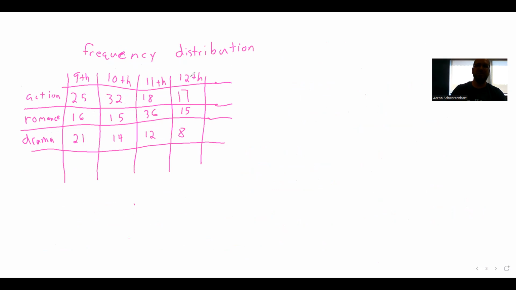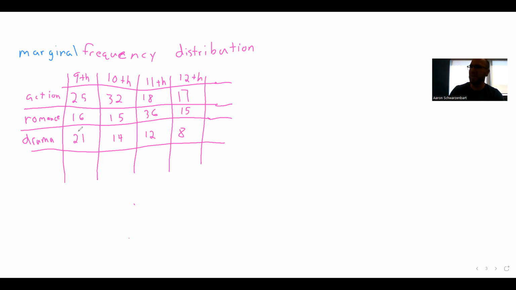Okay, we're going to now talk about frequency distributions. So here we have a frequency distribution between action, romance, and drama for favorite type of movie for 9th, 10th, 11th, and 12th graders. We're going to make it a marginal frequency distribution. And to make it a marginal, we simply add the totals.